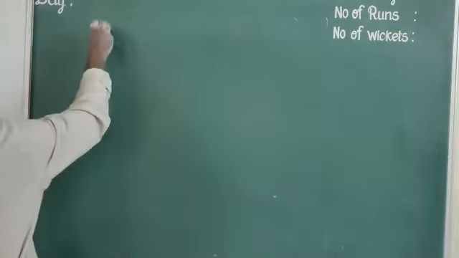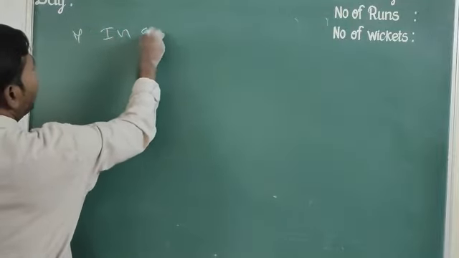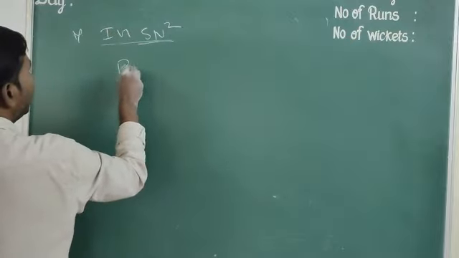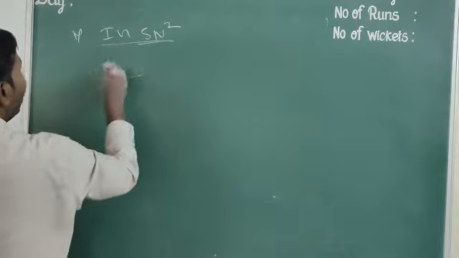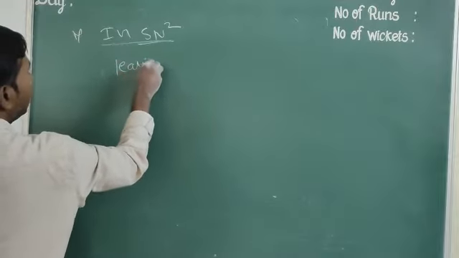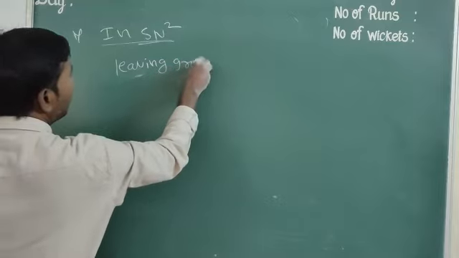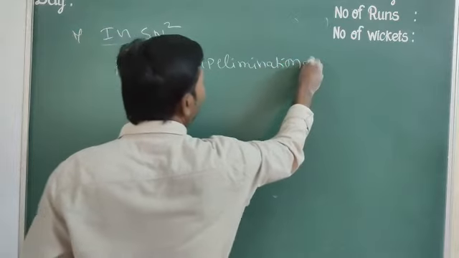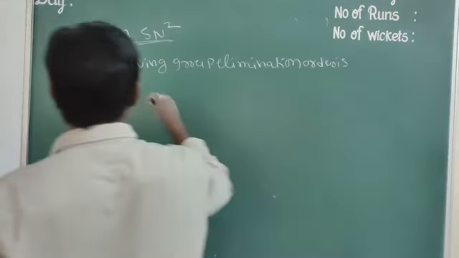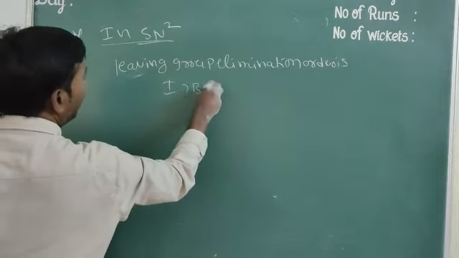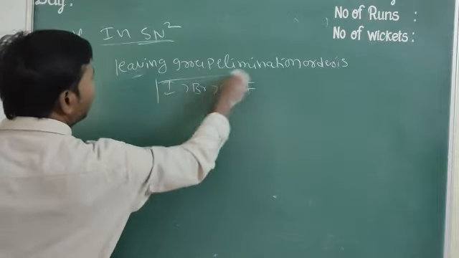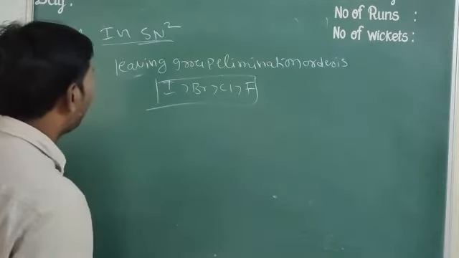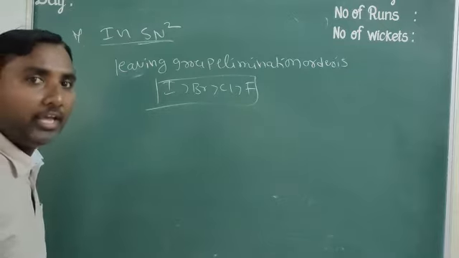In SN2 also, the leaving group elimination order is iodine, bromine, chlorine and fluorine. The reactivity order towards haloalkanes, primary, secondary, tertiary, we already discussed.